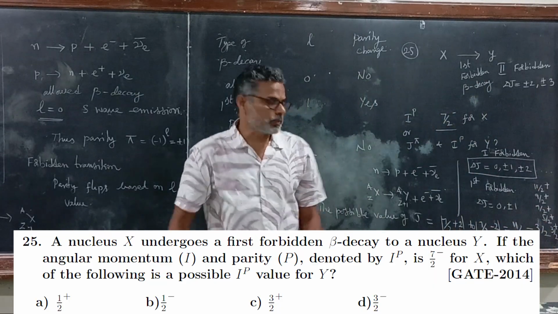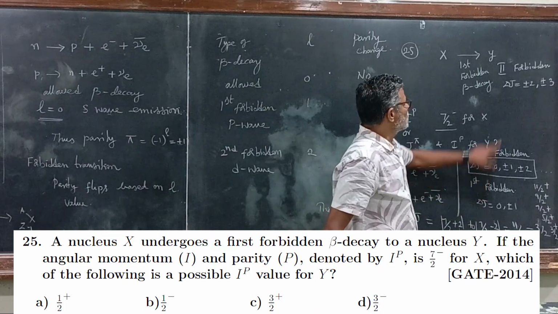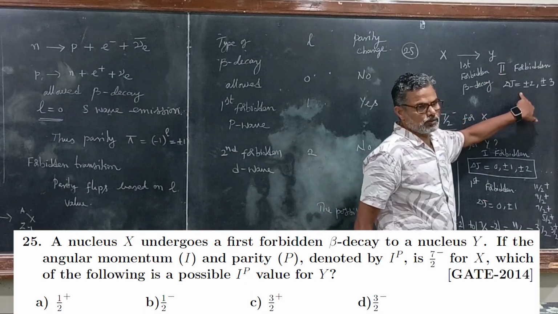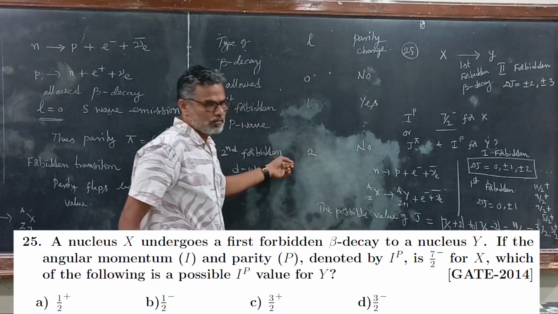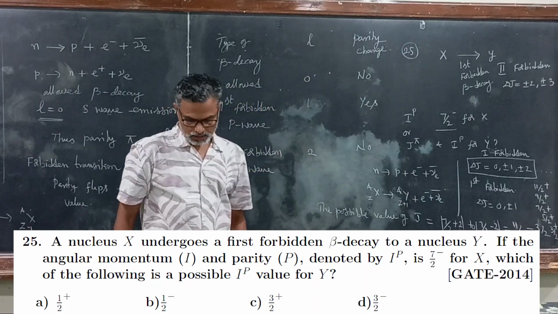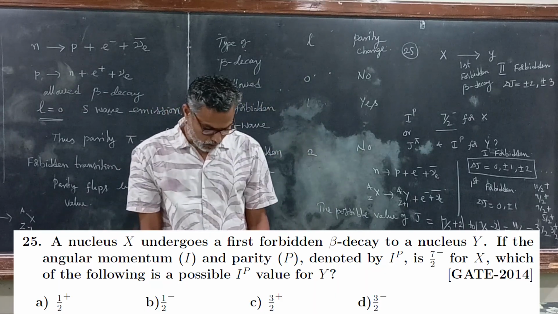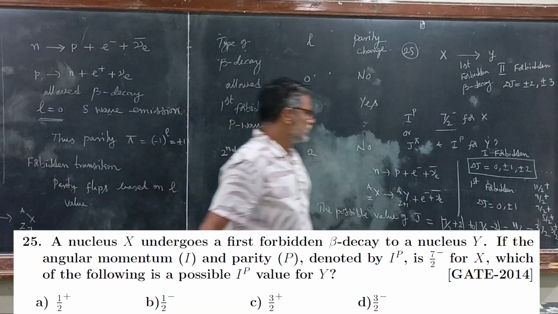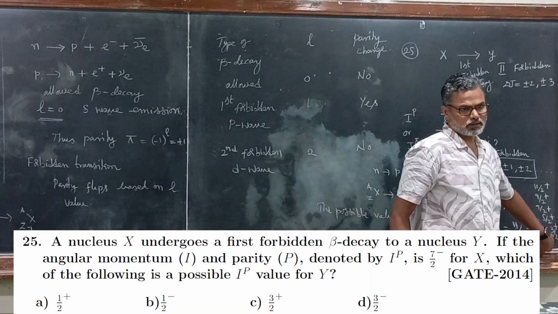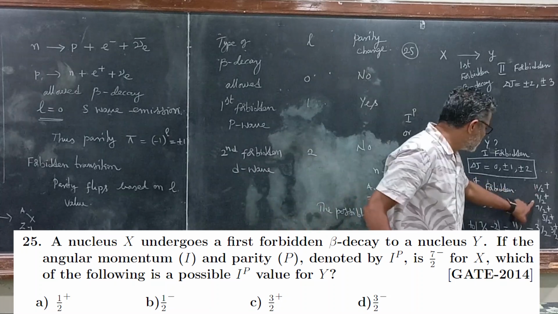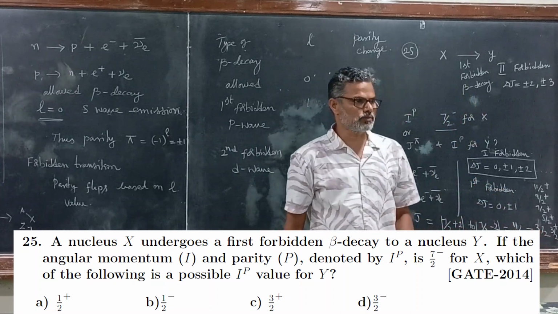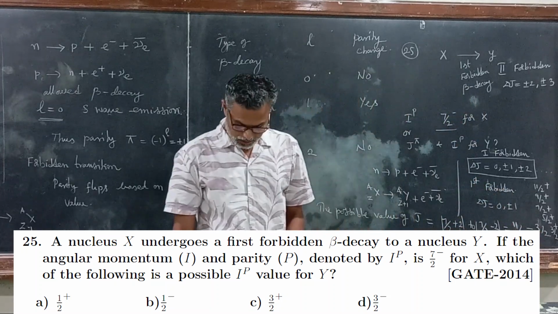So for the first forbidden, this is the selection rule. For the second forbidden, this is the selection rule, and the parity must change as per this. Therefore, from the given options, 3 by 2 is the answer. If the value is not given, say 9 by 2 or 11 by 2, you can still use one of them.